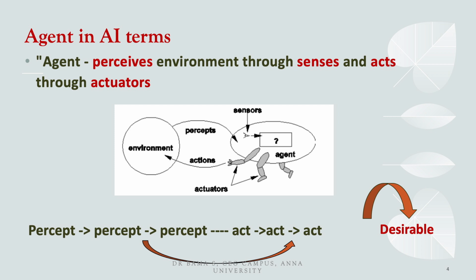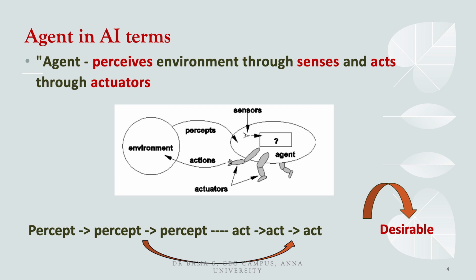If you see the diagram, this is a diagram taken from Russell and Norvig. From the environment, there is a perception going to the agent, and that perception can be in many forms through sensors. For example, for me or for you, the sensors would be seeing through eyes, the sensor is the eye, or hearing through ears. Okay. So, that is an example.